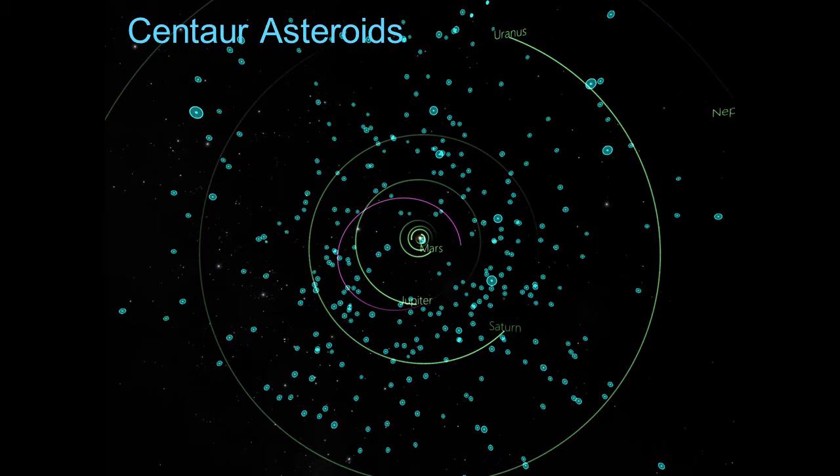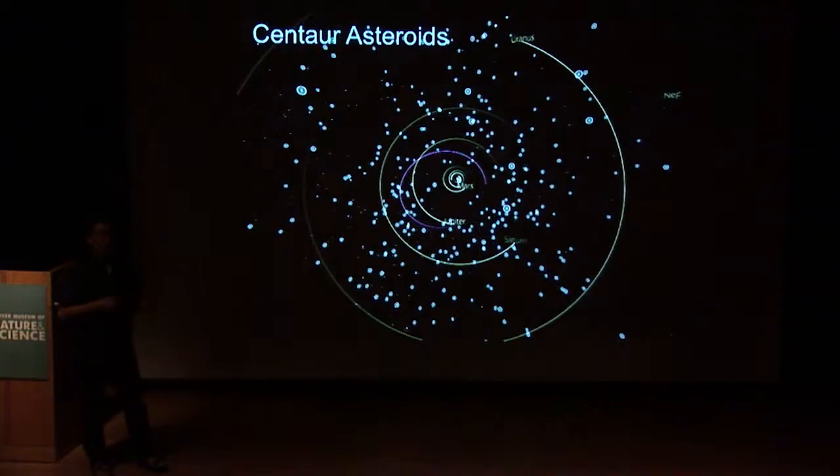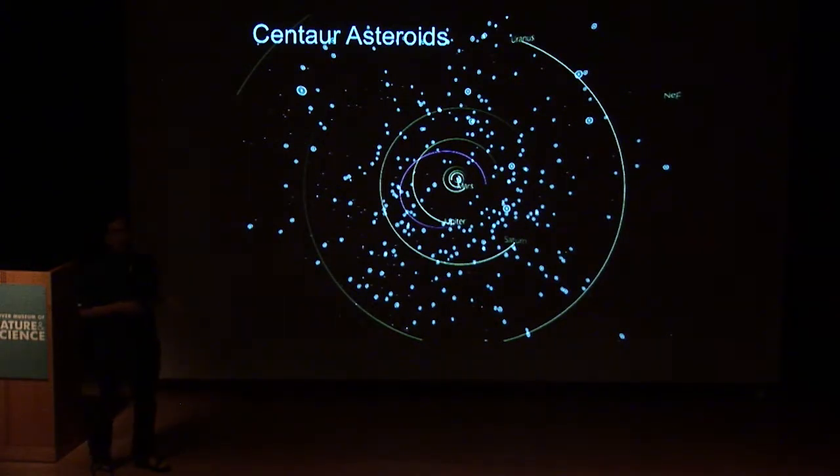There's a group of asteroids known as the Centaurs, called this because when they mathematically model the orbits of these asteroids, it seems like it can be relatively easy for them to have their orbits shifted around due to the gravity of mostly the giant planets, and especially Jupiter.